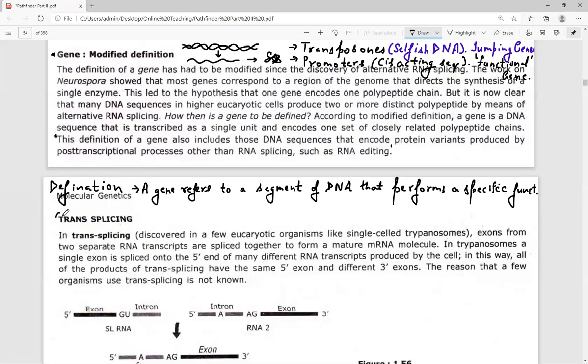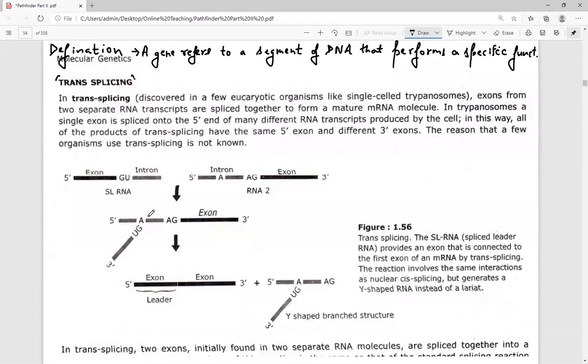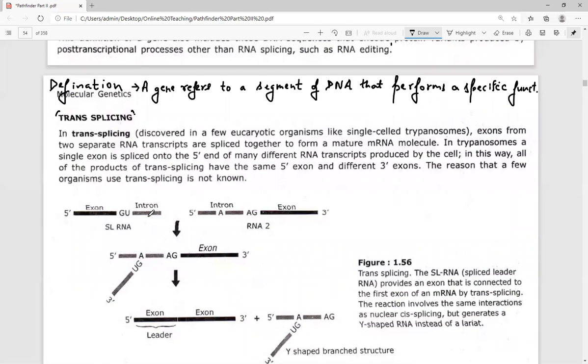Now, what do you mean by splicing? Trans-splicing is another variation of the splicing process. In this type of splicing, the two different types of introns are spliced in such a manner that exon 1 and exon 2 are ligated together.